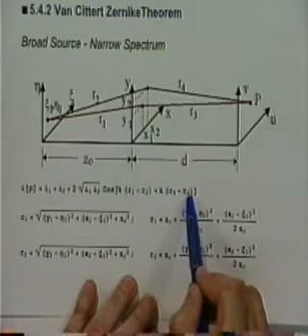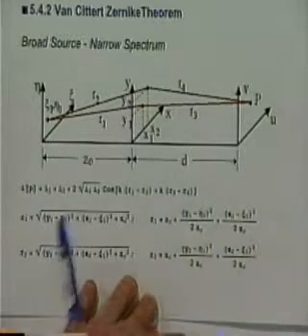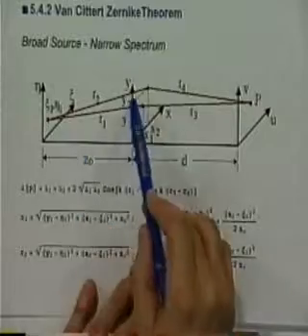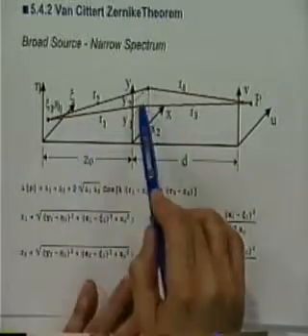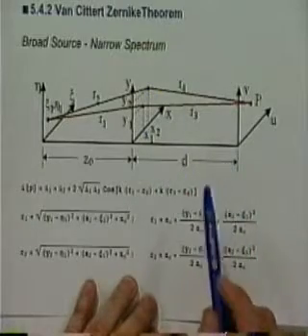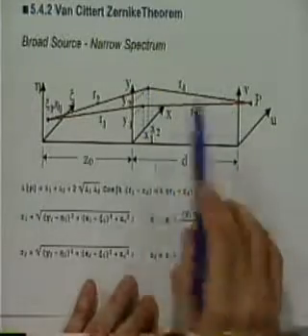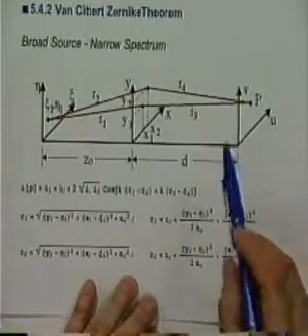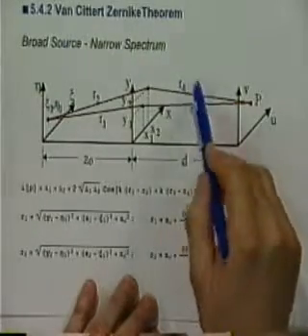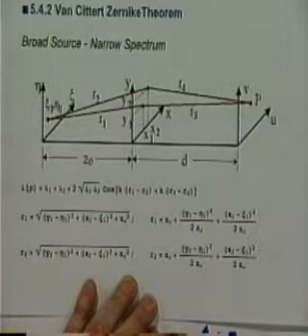And the phase difference between the 2 beams is simply K times (R1 minus R2). So that's the path difference in getting to these 2 points. And then K times (R3 minus R4). However we combine the beams here, it is just K times the path difference. Okay?